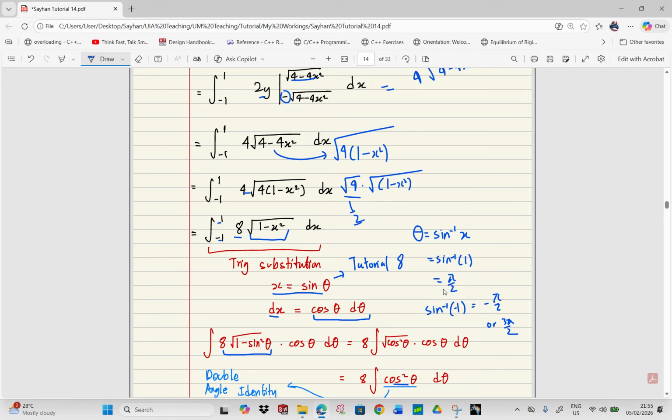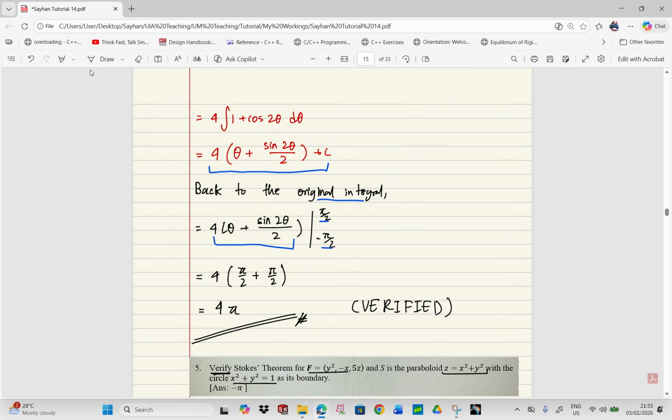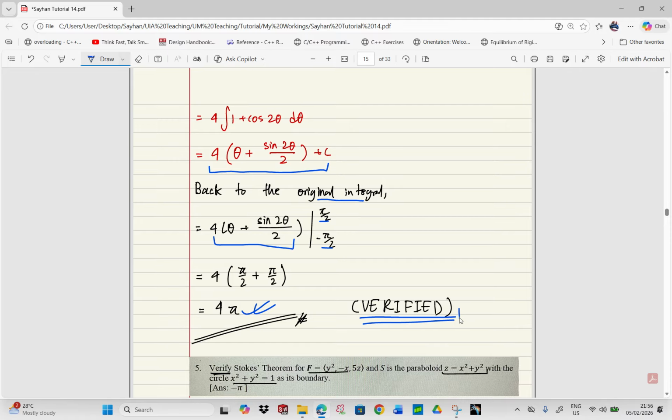It doesn't matter which one, both give you the same output, but I chose negative pi over 2 because it's smaller. Once you plug in the limits, you end up getting 4 pi. So that was your final answer. It's verified because the left hand side equals the right hand side.